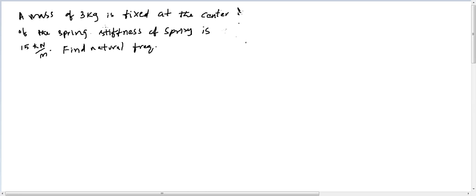Here we have one more question. A mass of 3 kg is fixed at the center of the spring of stiffness 15 kilonewton per meter. Find the natural frequency of the system. Let us assume a spring like this, and the mass is attached here, and the mass is 3 kg.